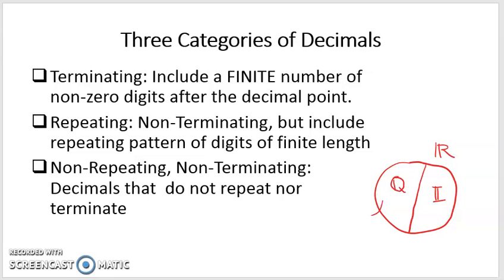Anything that can be expressed as a fraction is considered a rational number. Anything that can't be written as a fraction, such as the square root of 2, pi, numbers like that, are all irrational numbers. So in the decimal category, these first two correspond, as you will see, to rational numbers. This last one, non-repeating, non-terminating, all of those are the irrationals.